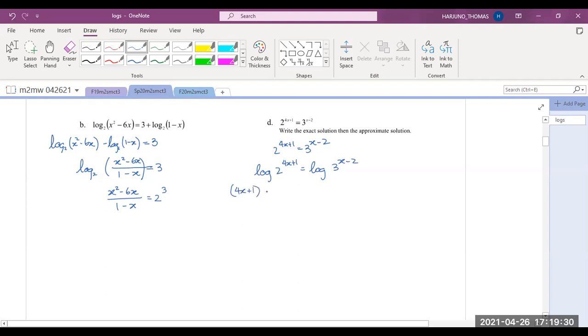Don't forget to use parentheses though. Please, that's actually the most common mistake made by students who are supposed to be doing well, because they omit the parentheses, they end up distributing only the 1 instead of the 4x as well. Now I want you to go on from here.